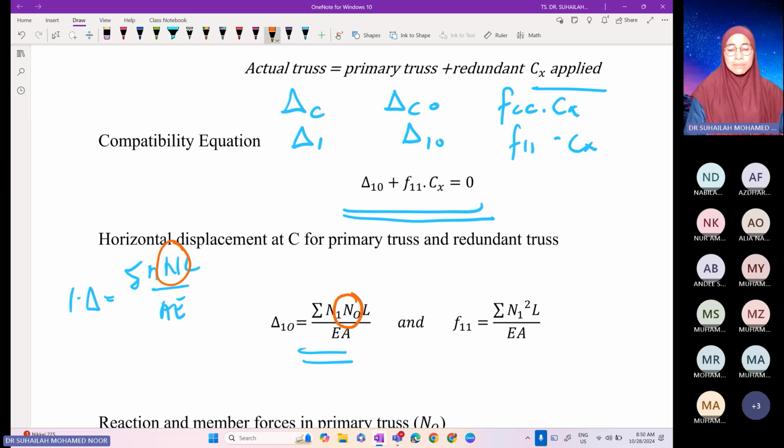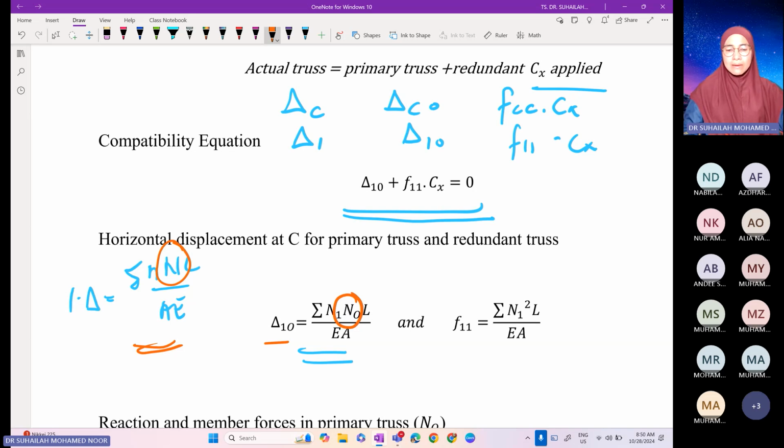So N yang dalam formula asal tu, dalam formula yang ni untuk delta 1 naught, N naught tu is equal to N real system. Sama condition. Tapi simbol dia kita pakai N naught. So N naught ni is for the primary truss. Kalau N besar yang dulu tu is for the real truss. Okay.